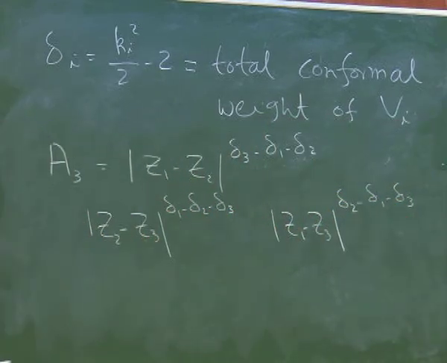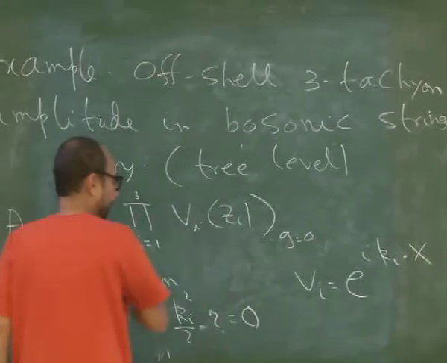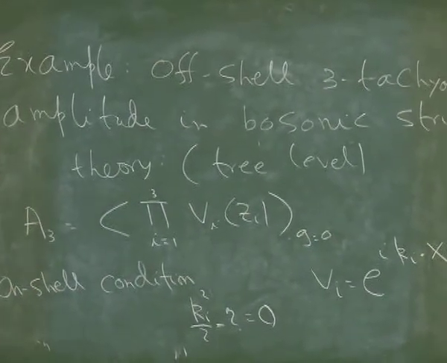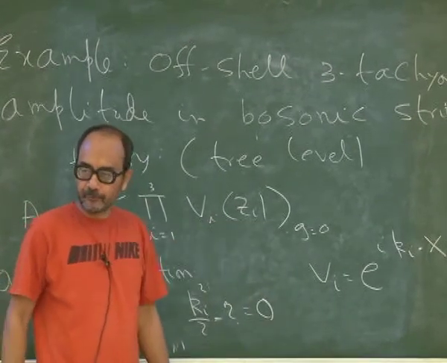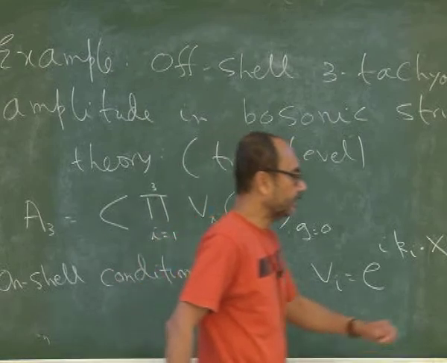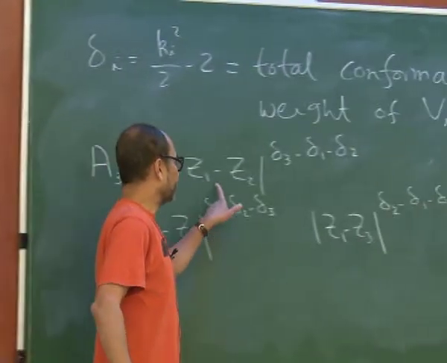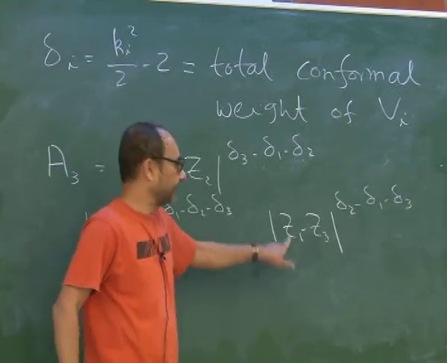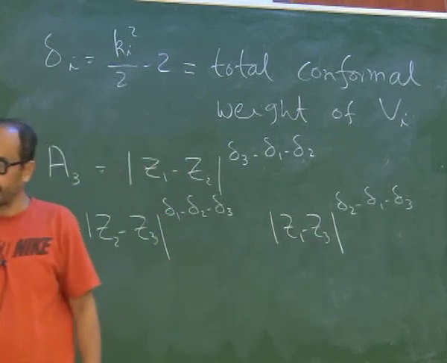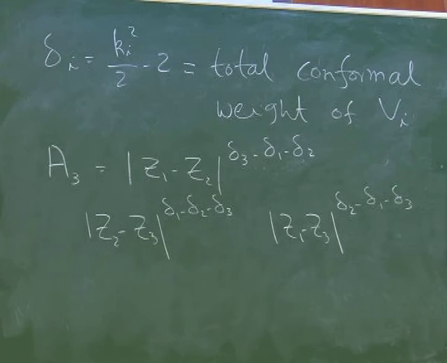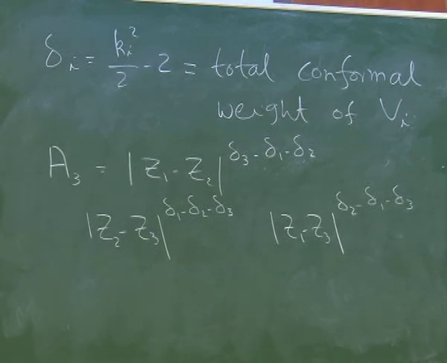Now, let's go back to the Polyakov amplitude as an on-shell amplitude. Suppose you are dealing with the on-shell 3 tachyon amplitude. Then first of all, there is no dependence on z in that case anymore, because all of these deltas are 0. It's just 1. But there is also a reason why there is no z dependence.